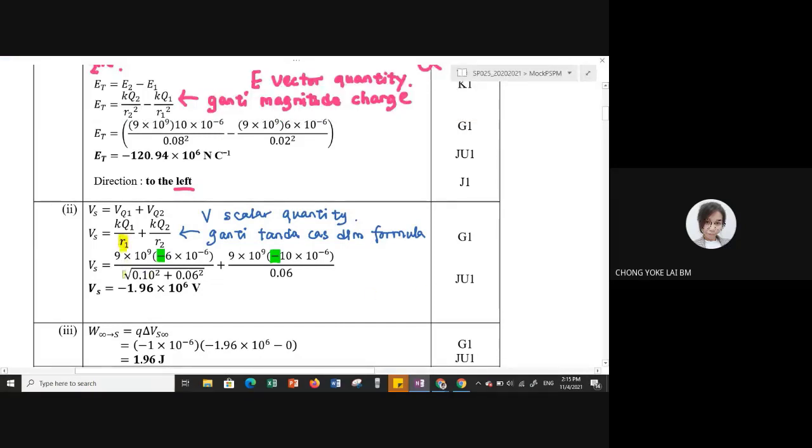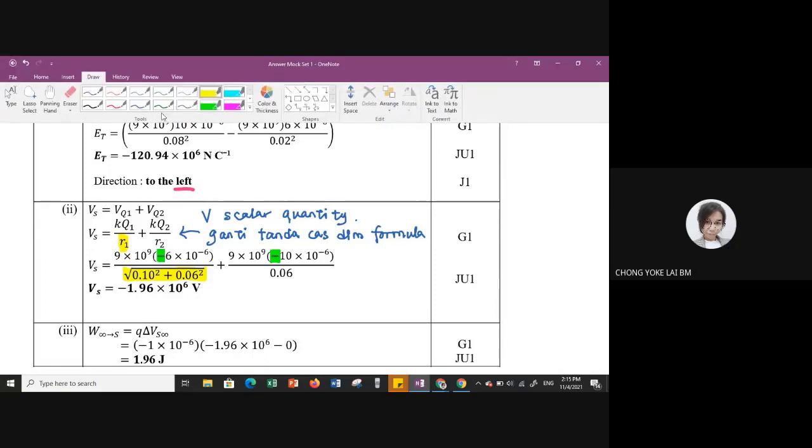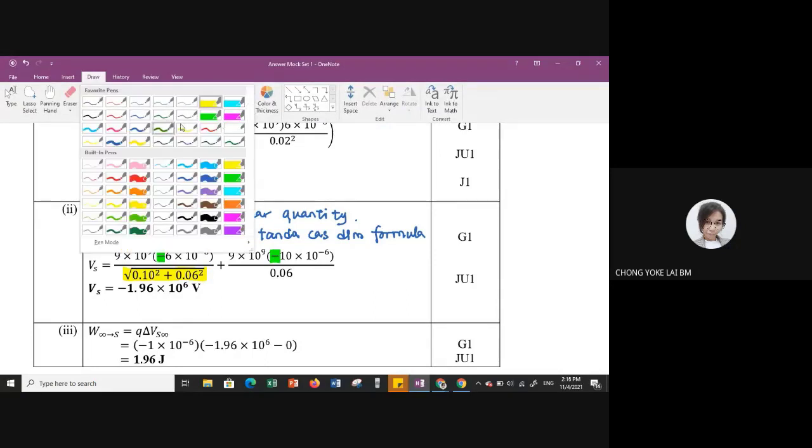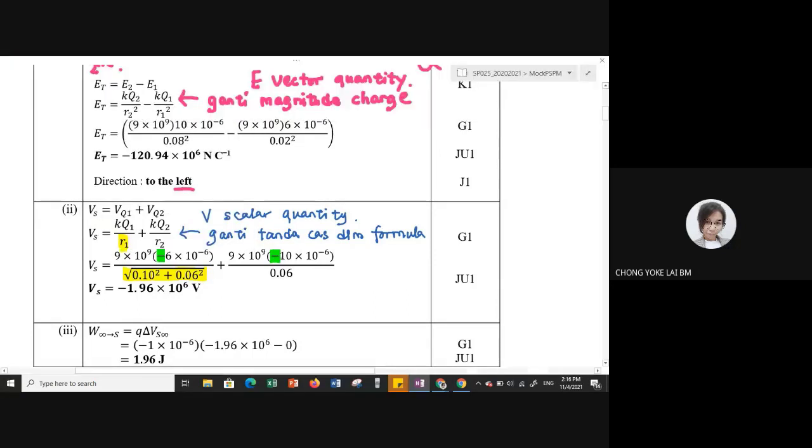So R1 is this one. This is our R1. So remember, for the calculation of V you must include the charge sign. You must include the charge sign in our substitution formula. You get the answer? Negative 1.96 times 10 to the power of 6 volt.